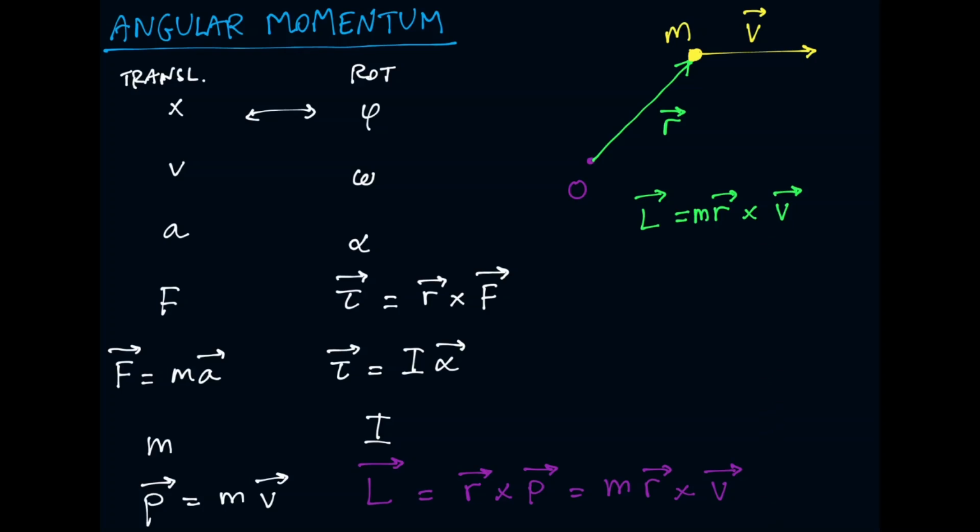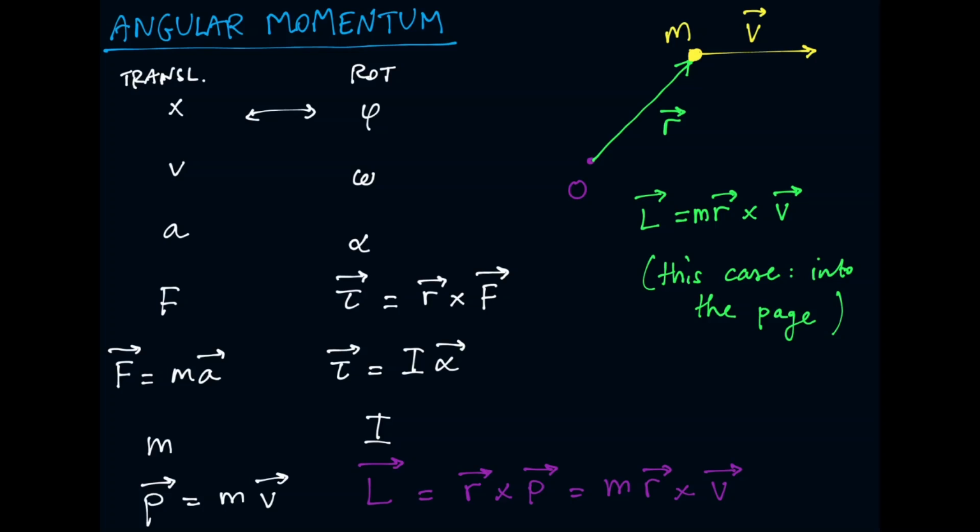Right-hand rule. So in this specific case that I'm looking at, the angular momentum would be pointing into the page, perpendicular to both the lever arm vector and the velocity vector.